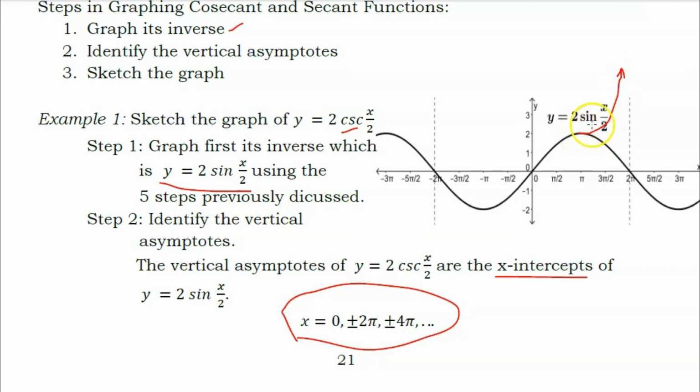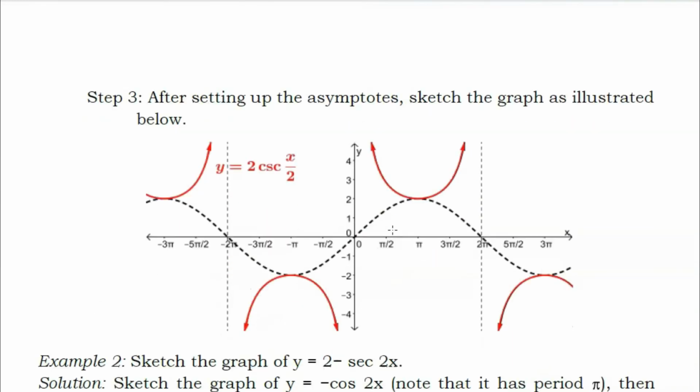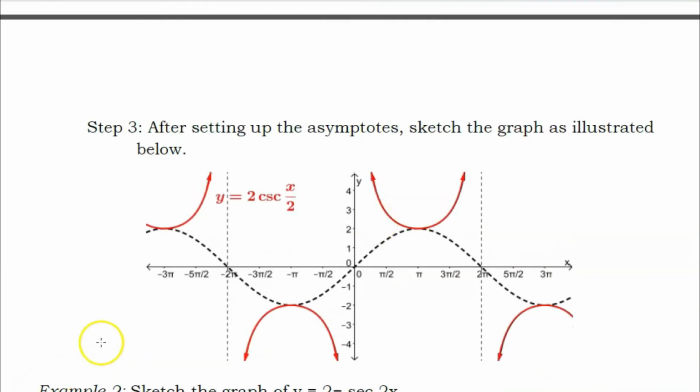Make sure that it does not touch the asymptote here. Okay, it moved. And here, it should not touch. My figure is a bit off because it is not perfect. Here, the same. You can tell by the shape of the curve, based on the equation. So this is now the graph of y is equal to 2 cosecant x over 2.